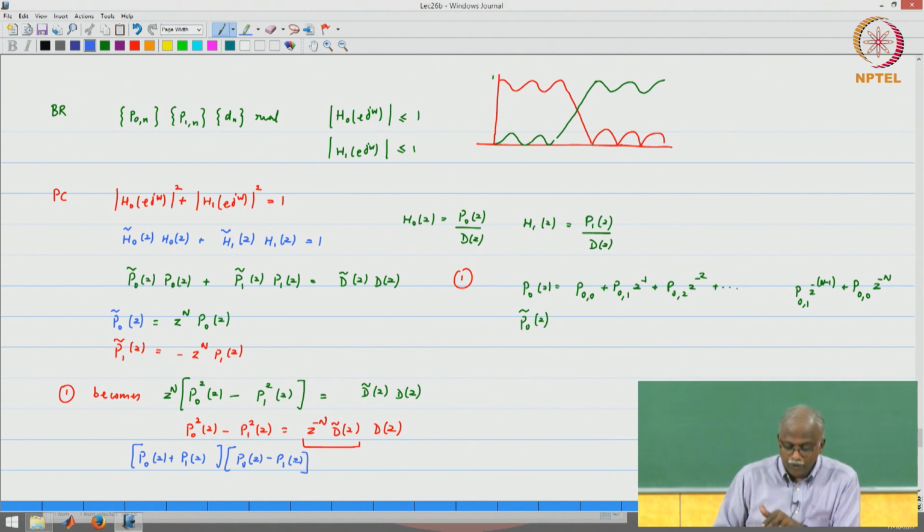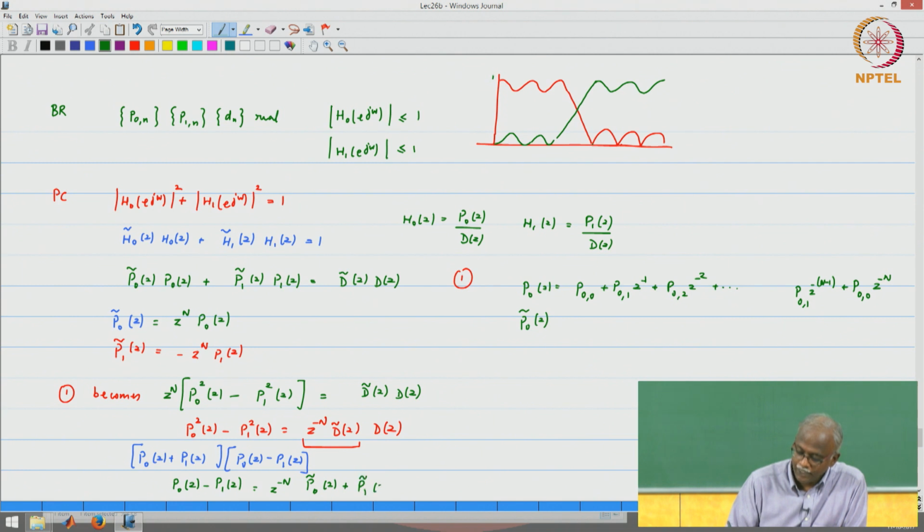Now, there is yet another interesting flavor to this particular discussion. Let me just add that also here. P0 of z minus P1 of z. If you use the results that we obtained just a few lines earlier, remember these results, then this is equal to z to the power minus n times P0 tilde of z plus P1 tilde of z, even better.